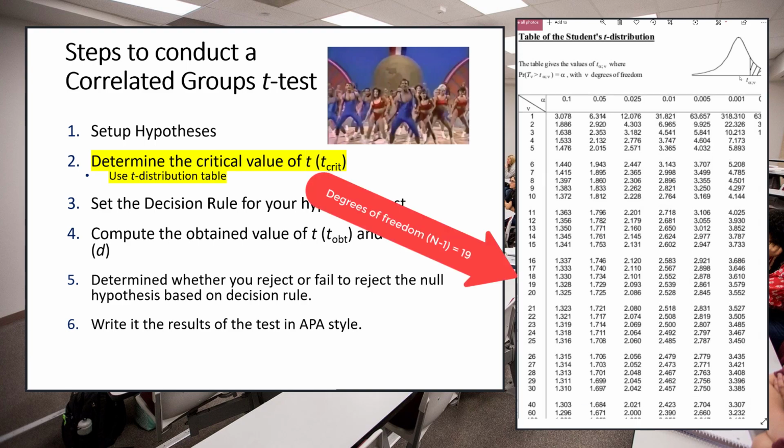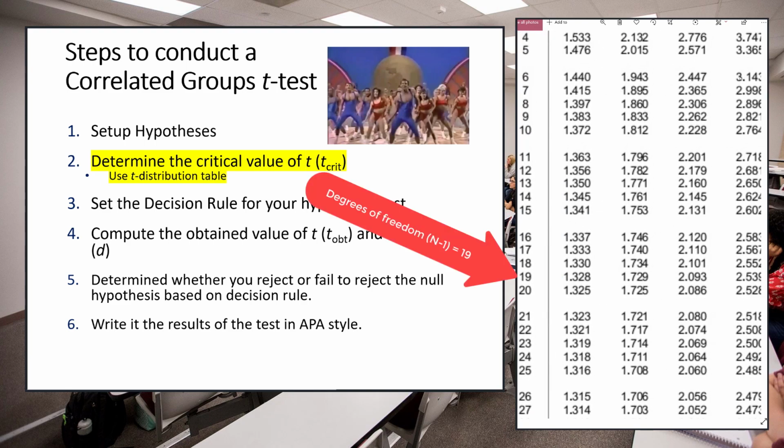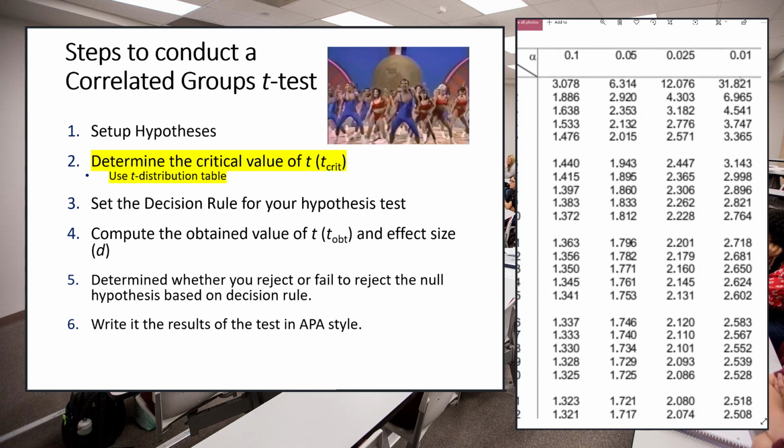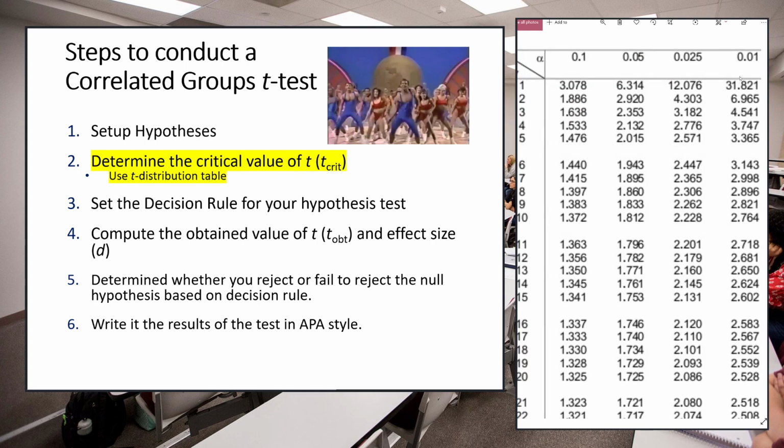So we go down to 19, and we want to find an alpha of 0.025 because this is a directional test. And we can see here an alpha of 0.025 in each tail with 19 degrees of freedom is 2.093. Okay.